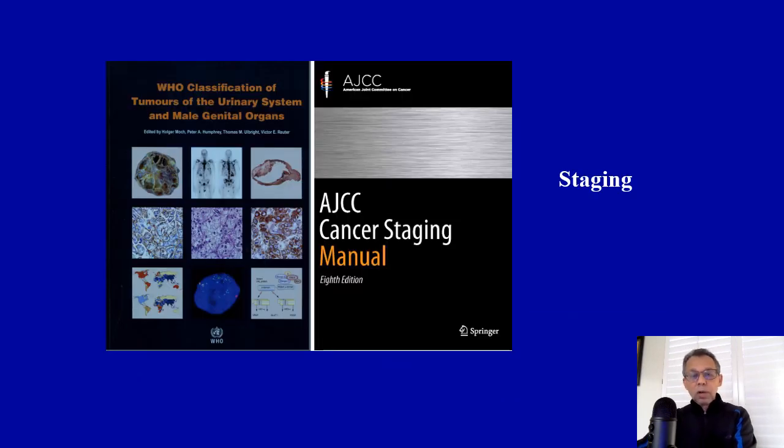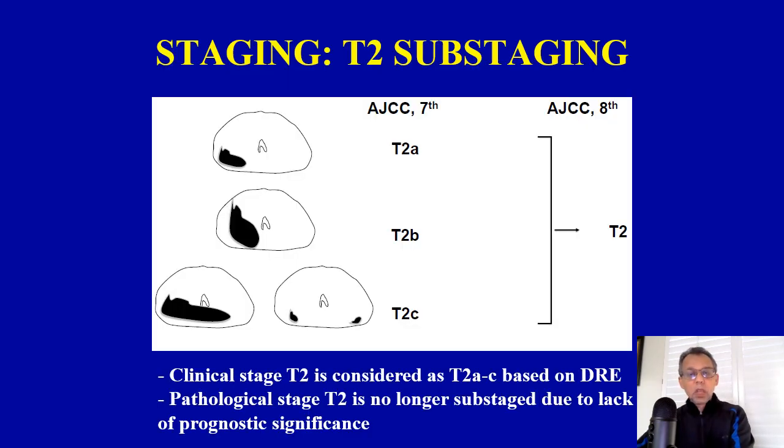Now let's talk about some of the changes in the 8th edition of the AJCC staging manual. Clinical stage T2 is still considered T2a to c based on digital rectal examination, but pathologic stage T2 is no longer substaged due to lack of prognostic information.